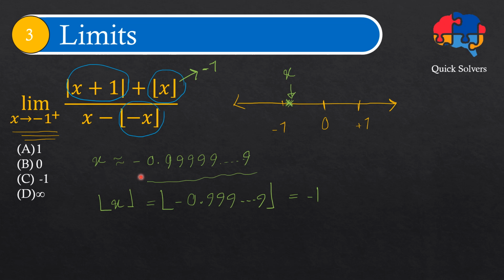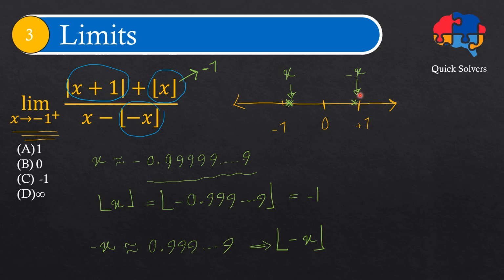But how about this floor of -x? Again, x is somewhere like -0.99999, okay? Then -x is approximately equal to 0.9999, and it is very close to 1, but a little bit smaller than 1. That means -x is somewhere here. Again, floor of -x gives us the greatest integer less than or equal to -x.